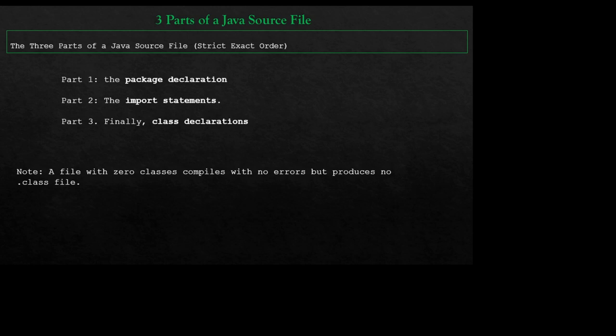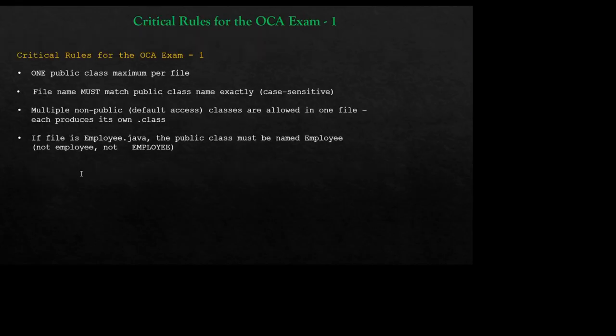We have to remember a few critical rules for the OCA exam. In a file we can have only one public class. You cannot have more than one public class in a file. And the file name must match the public class name exactly, like we showed, right? The Employee class in capital E matches Employee.java, also in capital.